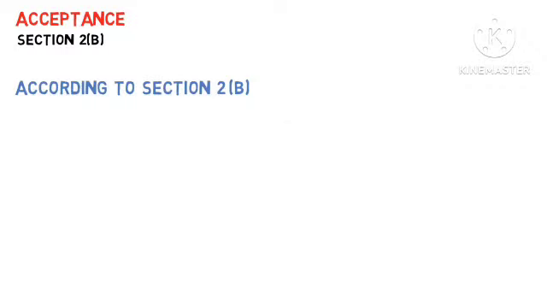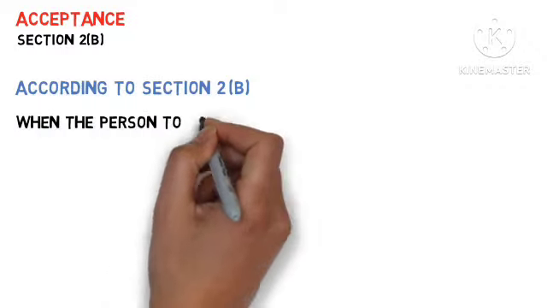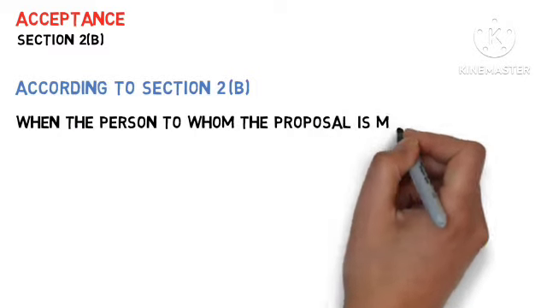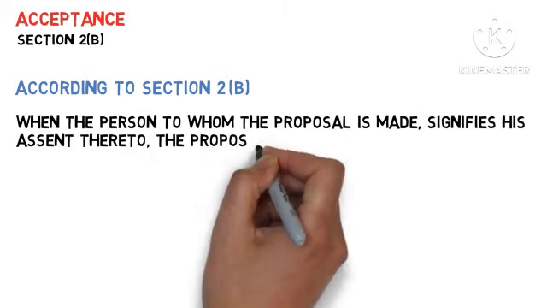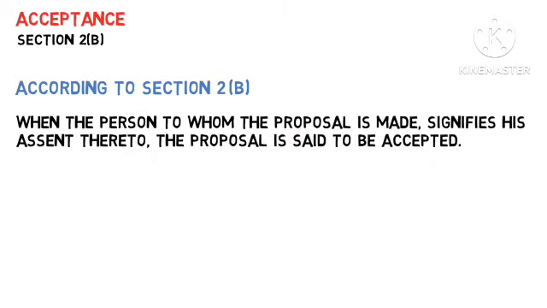Now let's move to acceptance. Acceptance is defined under Section 2(b). According to Section 2(b), when the person to whom the proposal is made signifies his assent thereto, the proposal is said to be accepted.